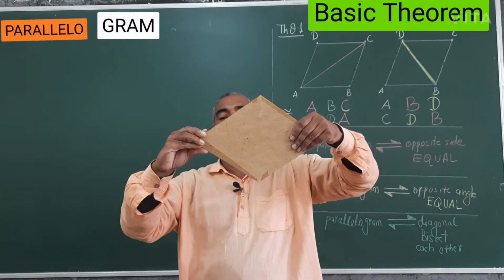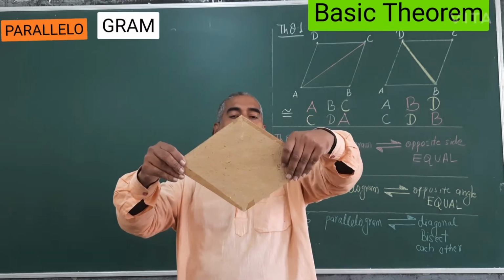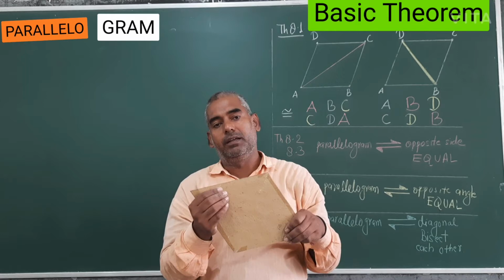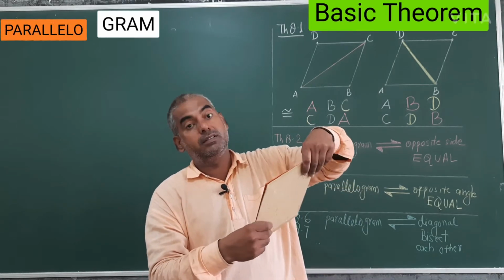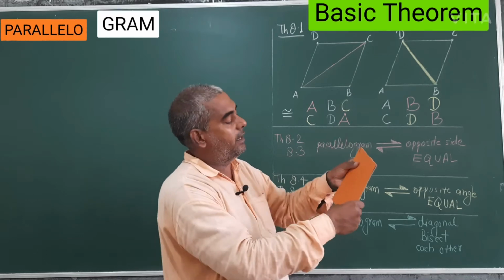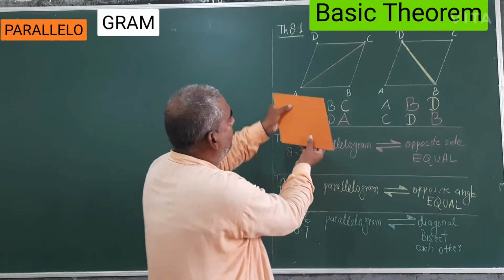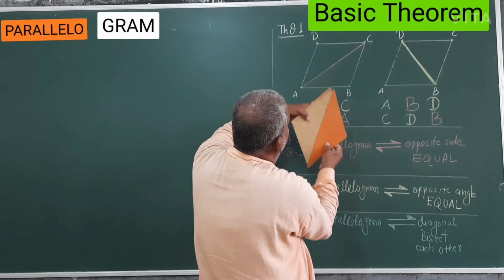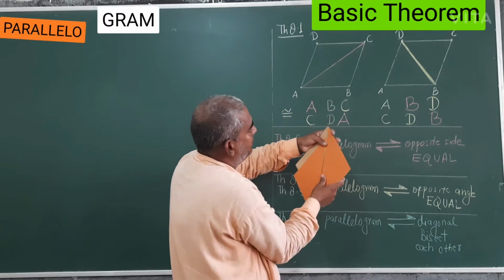These are two parallelograms, but there appears to be only one. Why? Because the two are equal, meaning congruent parallelograms. Then I have cut it in half. Suppose take it in this format. Yes, in this format.